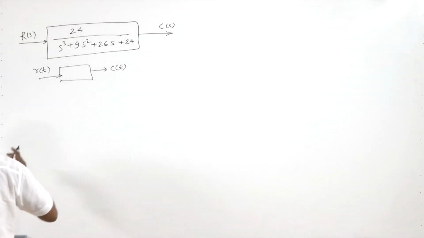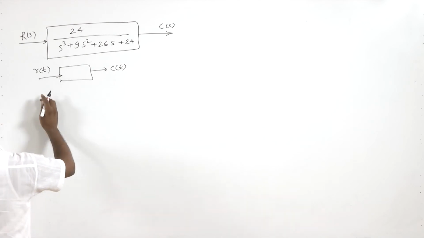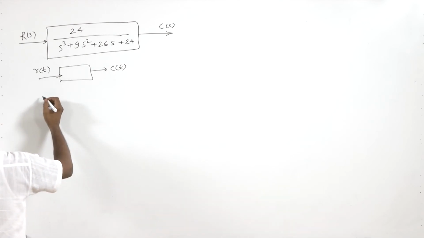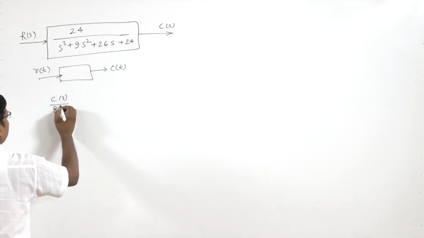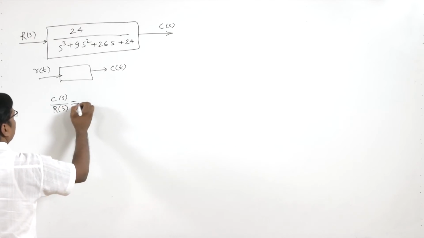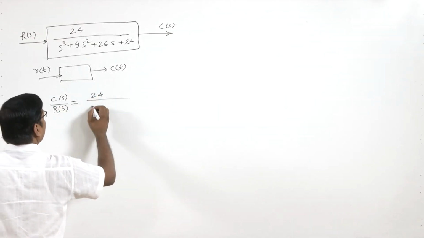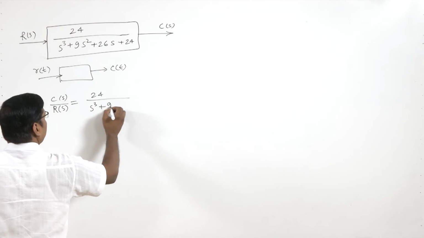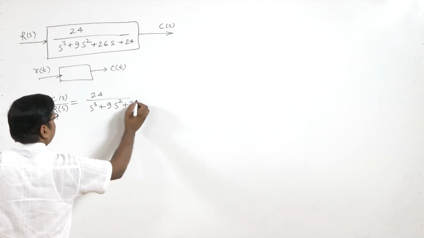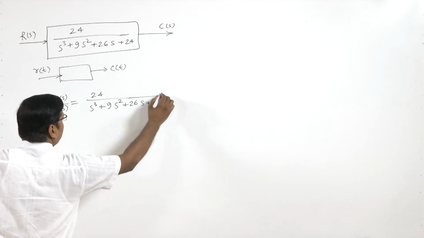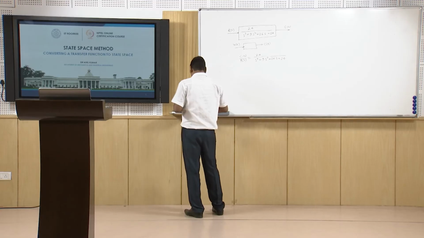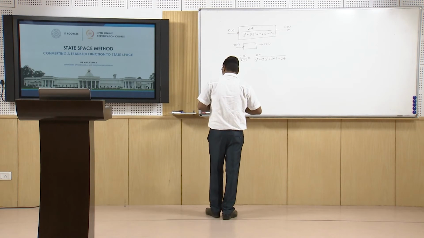So let's first find it. Let's say that we have C(s) by R(s) equal to 24 by s cube plus 9 s square plus 26s plus 24. We have to find the differential equation.